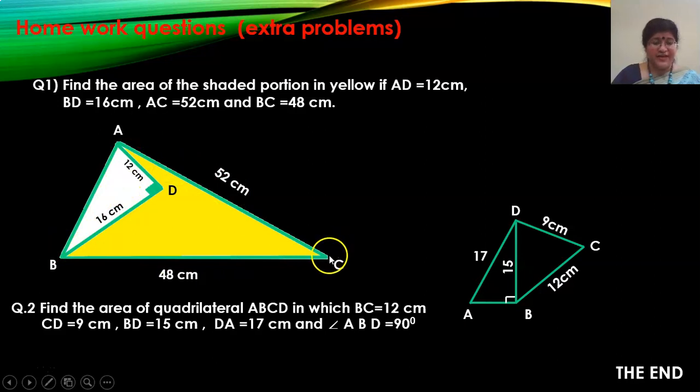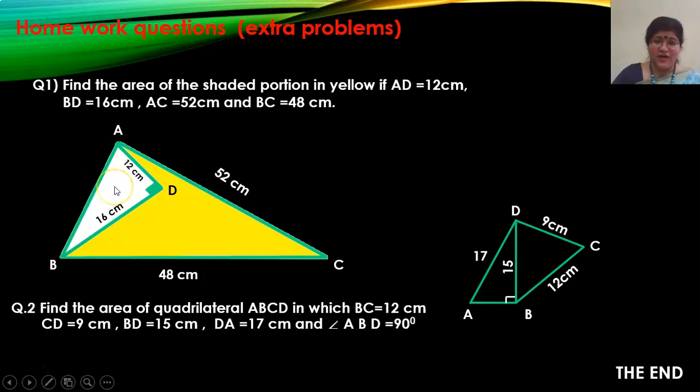ABC is a triangle and you have to find out the area of this region in yellow. So you find out the area of this region in white. It's a right angle triangle. So you need not use Heron's formula. Find out what is AB, okay, by Pythagoras theorem.